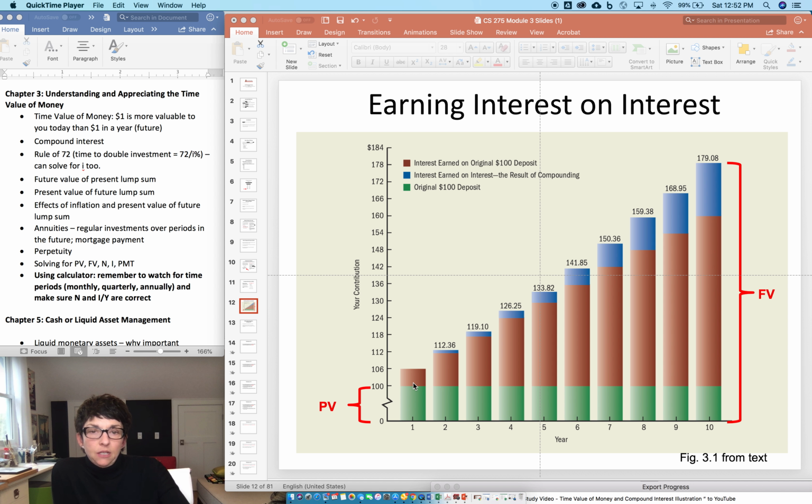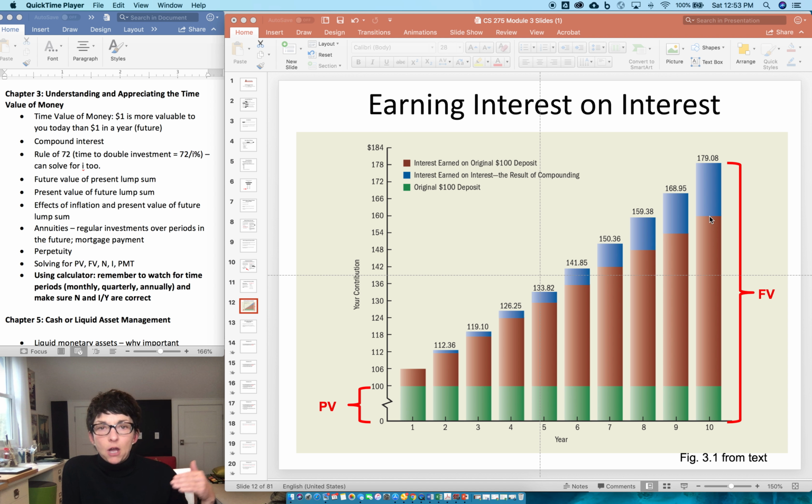So 6%, if just earned on a simple interest basis after 10 years, would have gotten you an extra $60. So the $6 per year times 10 years plus your original $100 back, you would have walked out of that bank if you had only earned simple interest with $160.